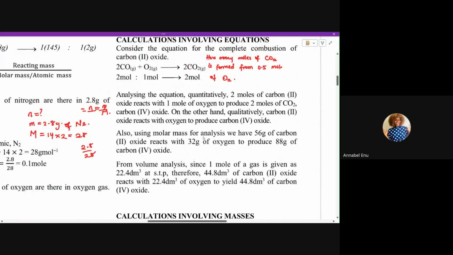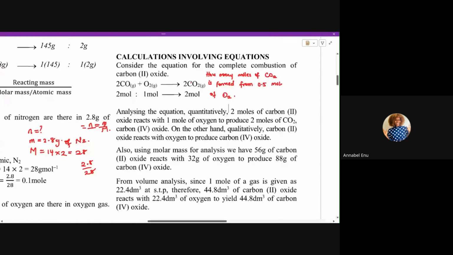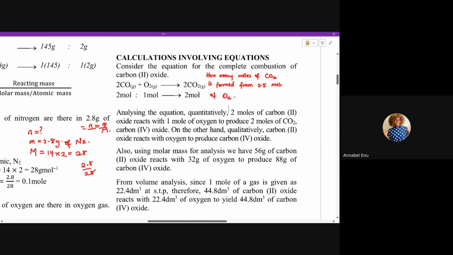So as we are relating mole ratio, we can also relate their molar mass. If 1 mole of oxygen gas is required to form 2 moles of carbon dioxide, it implies that the molar mass of this O2 is 16 times 2, which is 32, right? That's the molar mass. And for CO2, we're not adding the coefficient when we are looking for the molar mass.